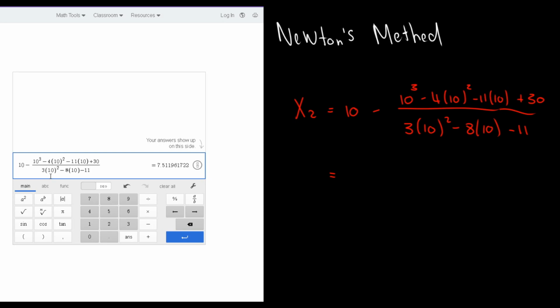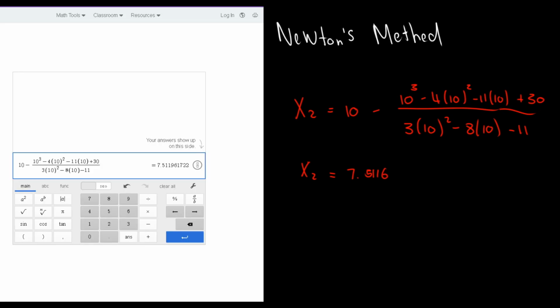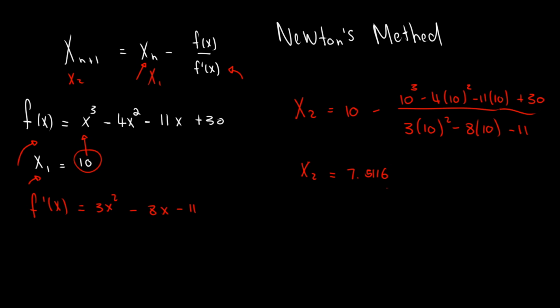Okay, so we have this value. So now we just calculated x sub 2. It's going to be 7.5116559.